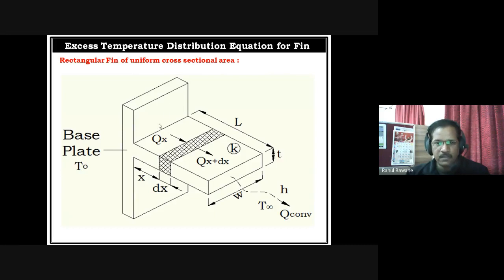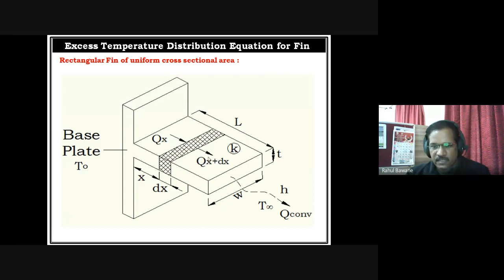Imagine heat is transferring from the base plate to the fin, and when it reaches this element, suppose the heat entering this elementary section is qx, and when it travels through this section, the heat leaving is q at x plus dx.